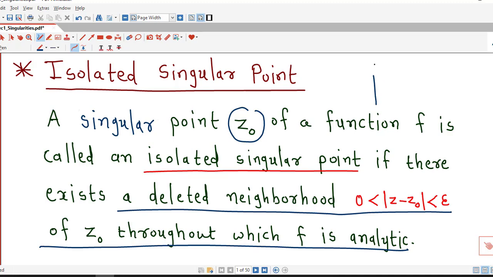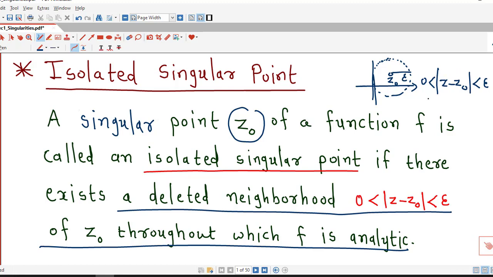So that means if z0 is a singular point, and if we can find a circle with radius, say epsilon, and center z0, and we consider this set of points, absolute value of z minus z0 less than epsilon, and we do not consider the center of the circle, so we take this condition, absolute value of z minus z0 is greater than 0.